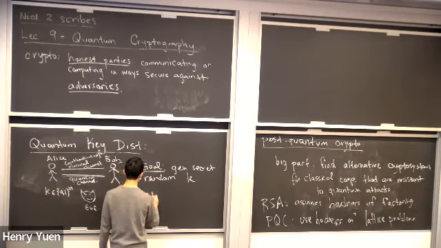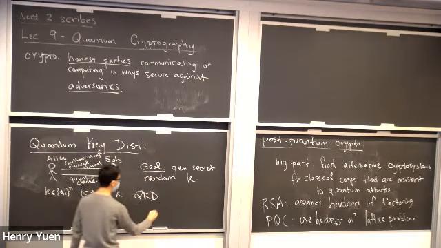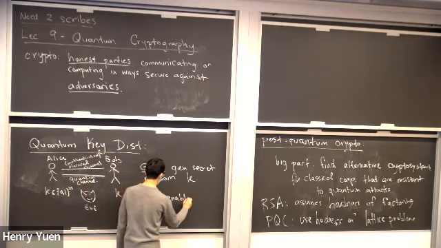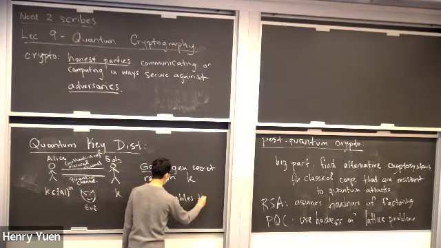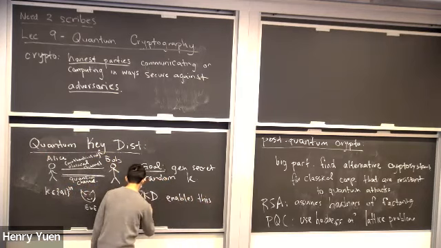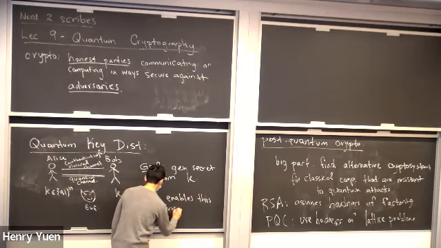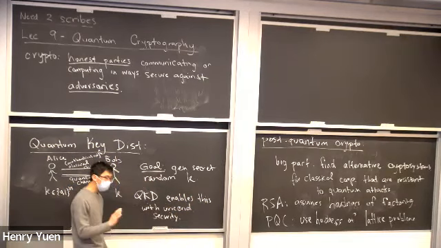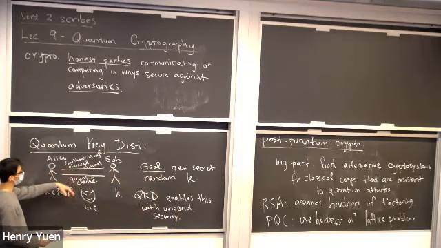So QKD, which is quantum key distribution, enables this with unconditional security. Aside from assuming that you have this authenticated channel and so on, you don't have to assume anything about the capabilities of Eve.